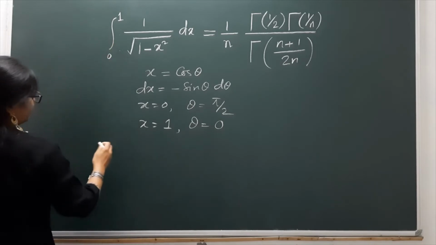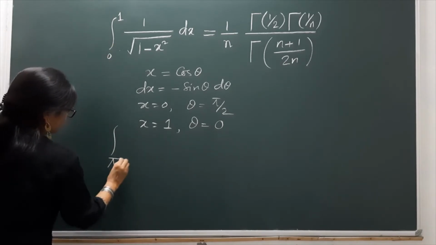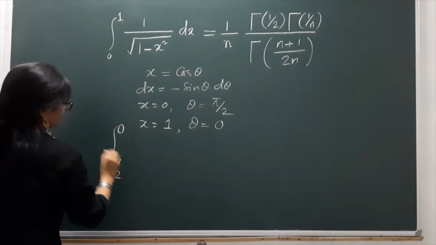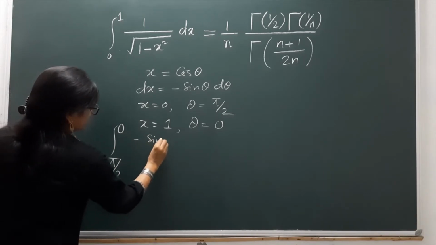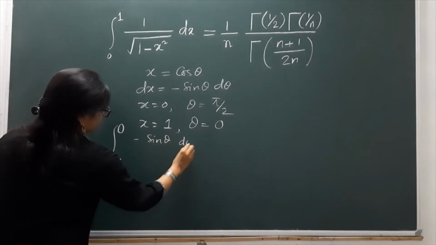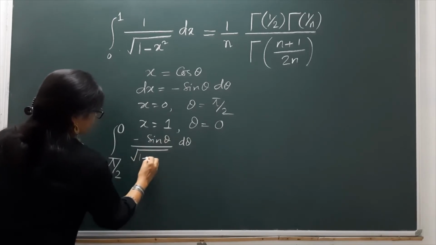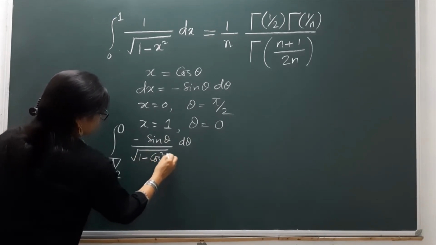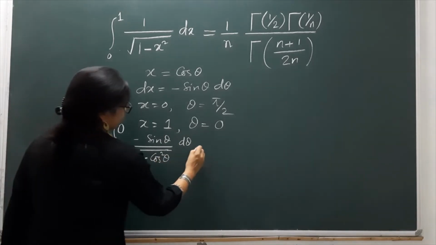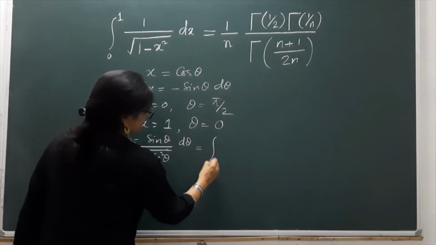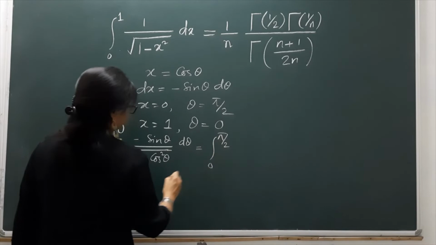So the integration becomes pi by 2 to 0 of minus sin theta d theta by square root of 1 minus cos square theta. For this minus, this will be 0 to pi by 2.